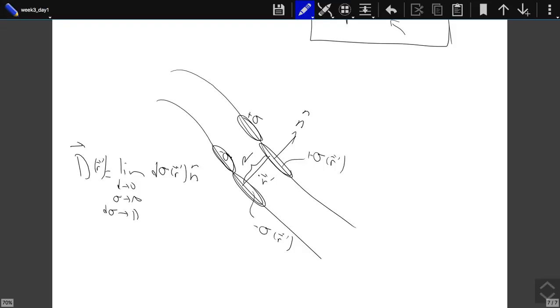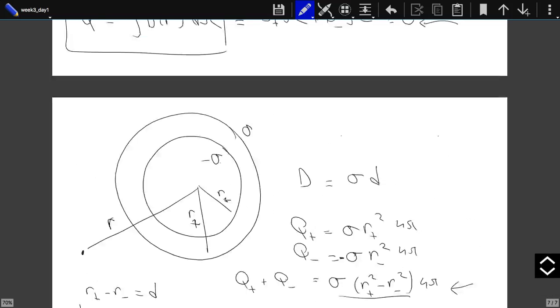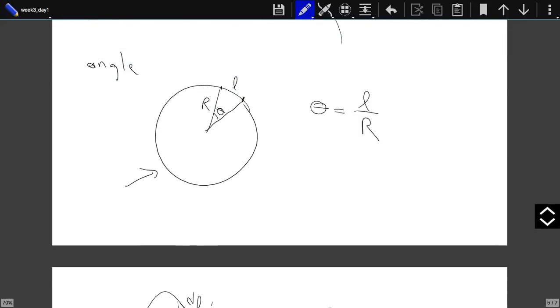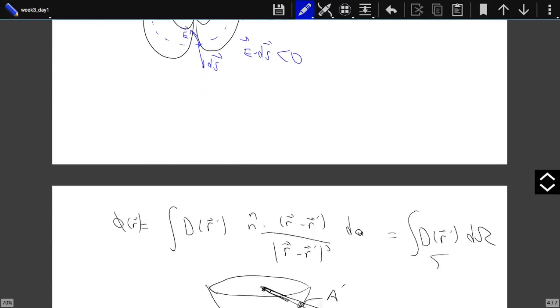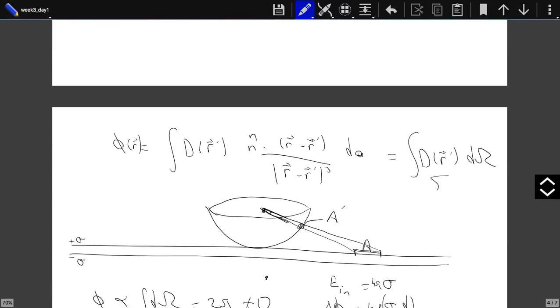But that dipole has total charge 0. So if we just sum all the dipoles, the total charge creating the given potential is still 0. So this result over here is derived based on the assumption that the total charge of your system is 0.